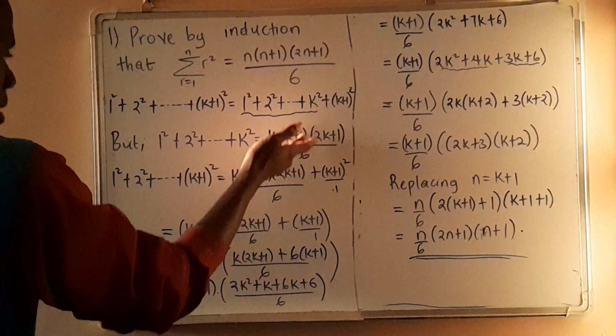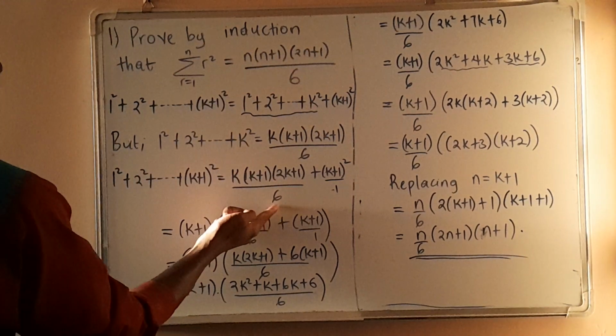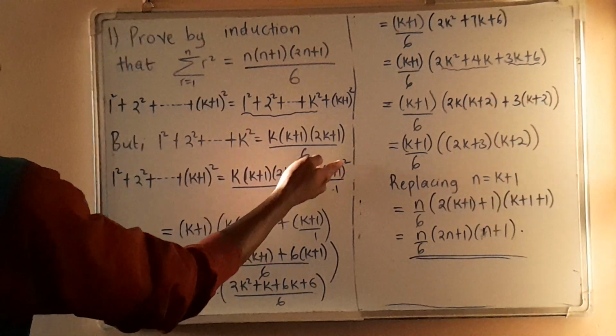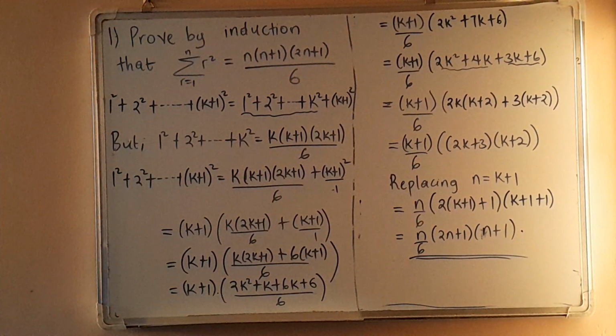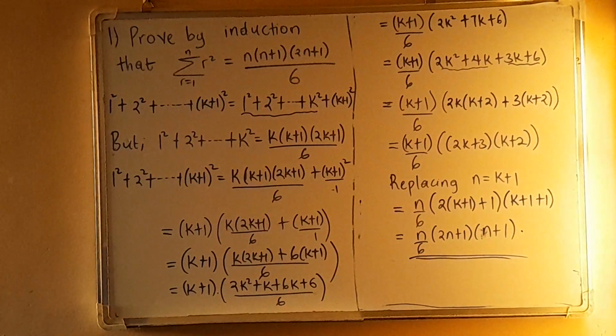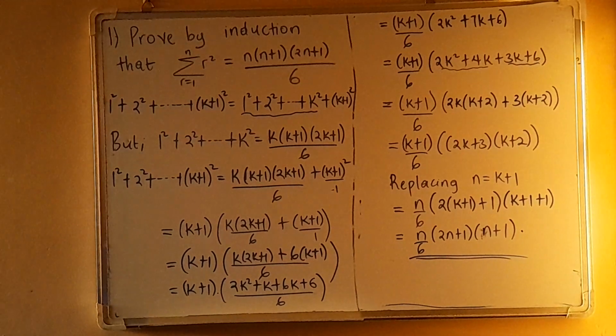So if we substitute this back, we shall have this, then plus k plus 1 squared. Then do some algebra of adding, factorizing, we will obtain the required result. Now we can proceed to question 2.